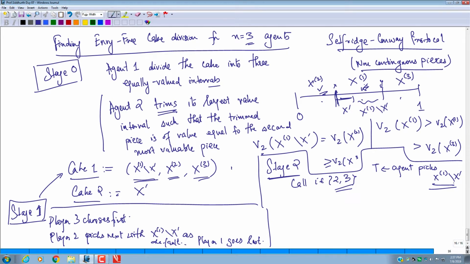Even if this agent T gets all of the second cake, agent 1 will not envy this person. So when I'm doing the cake division for x prime, it's in my best interest to let this agent T go first. T can be 2 or 3.